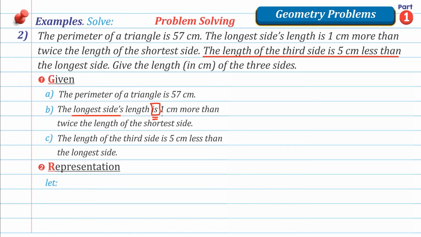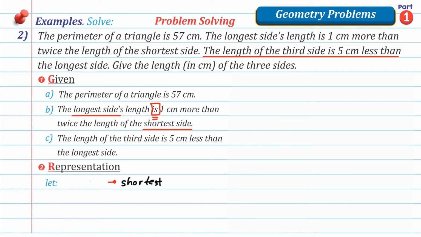And according to this, it's 1 centimeter more than twice the length of the shortest side. So one takeaway from here is we are comparing the longest and the shortest side. And the way this is stated, it seems that it's best to let the shortest side be equal to x. So, dito tayo.